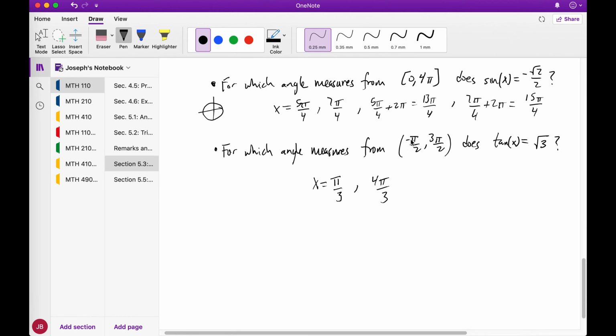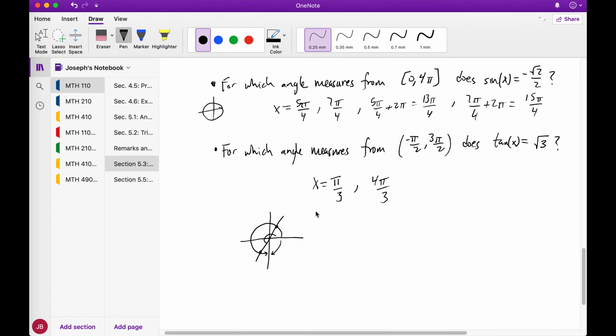Now, angle minus pi over 2, well, let's take a look here. So angle minus pi over 2 is here, and now we're going all the way to angle 3 pi over 2, which is here. So what we have is this angle here at pi over 3. We got 4 pi over 3, which is this angle here.